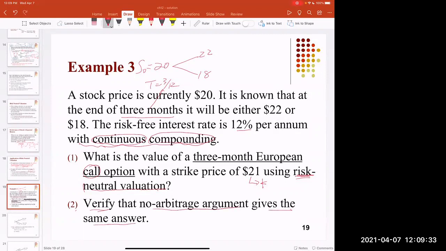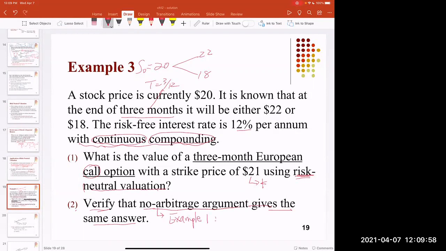So that means you use approach 1, the first approach we talked about in last class. You should get the same answer. Question 2 asks you to use the first approach to find the option price, and you can find this from example 1, because the question is exactly the same.